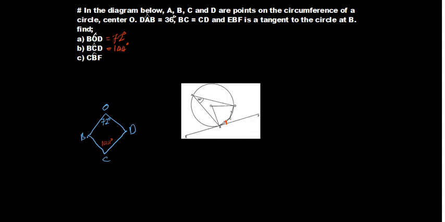So we add 72 plus 144, subtract from 360, and divide by 2, and those are the two angles. 72 plus 144 gives 216 degrees. I subtract from 360, I get 144. I divide by 2, and I get 72. So I have 72 here and 72 here.